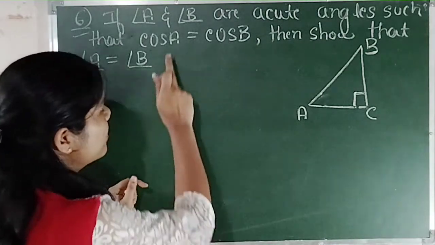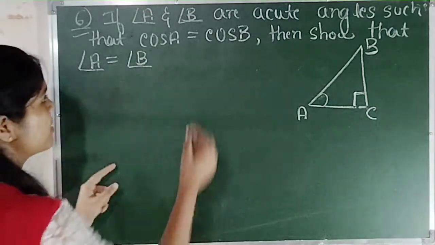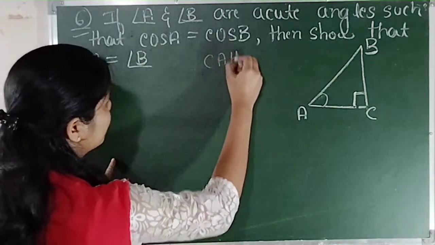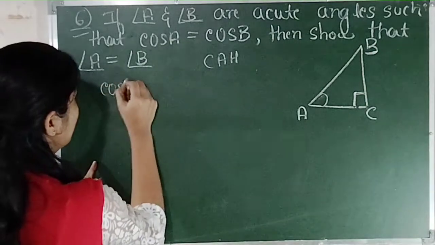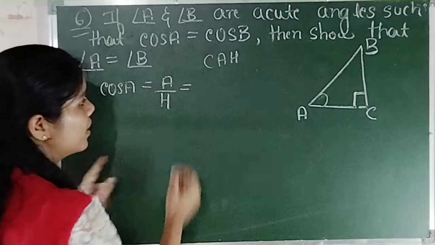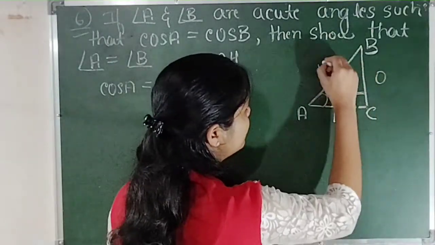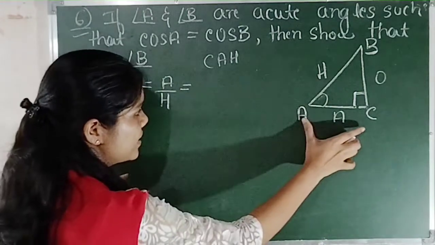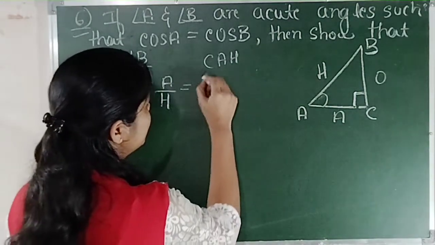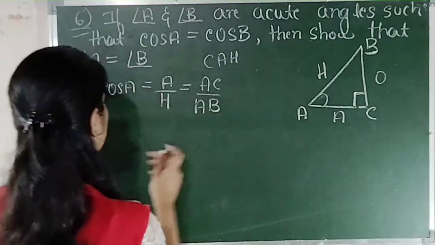Now if I consider the angle is present at A, then cos A is equal to adjacent by hypotenuse. Now this becomes the adjacent side, this is the opposite and this is the hypotenuse. So adjacent is nothing but AC divided by hypotenuse is AB.